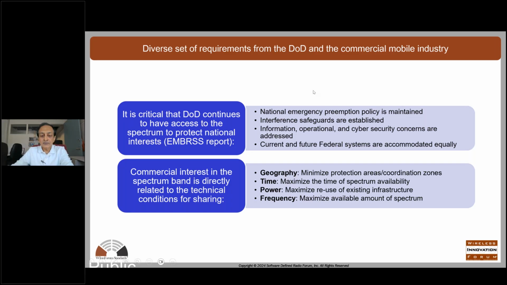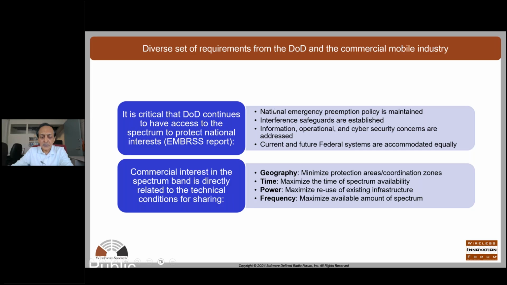Now, going back to the discussion on, say, temporal and geographical sharing, as Andy mentioned, we have to be very much cognizant of DoD's needs for this particular spectrum. And so here I'm trying to contrast the requirements for DoD versus what the commercial needs are.